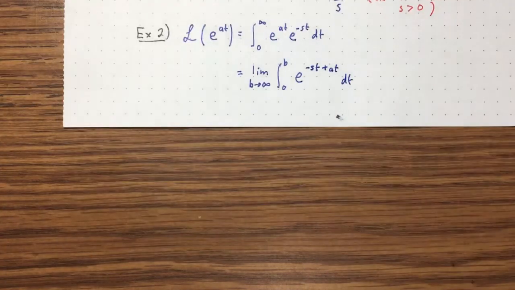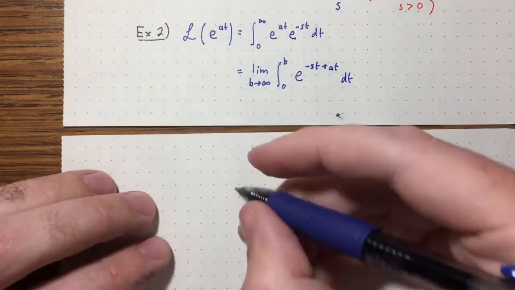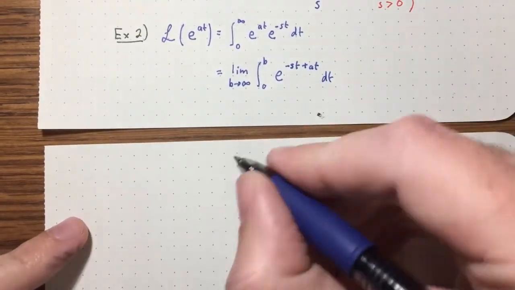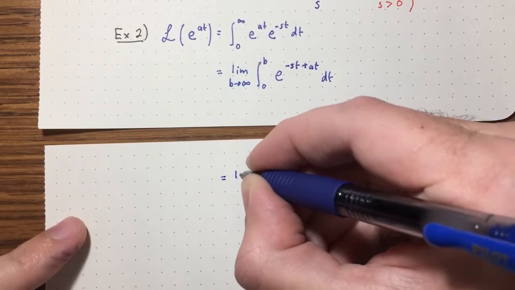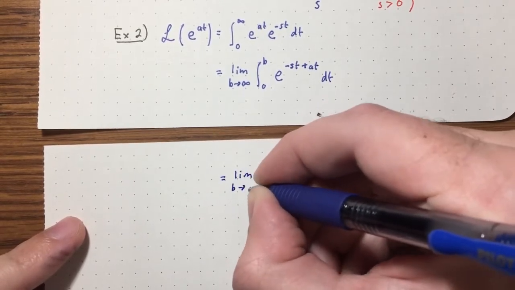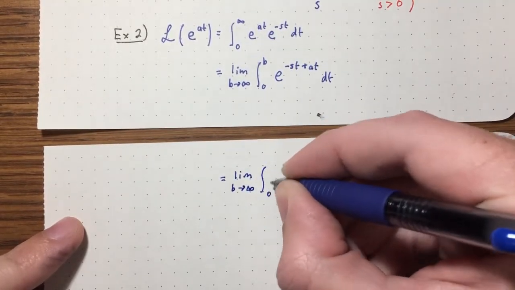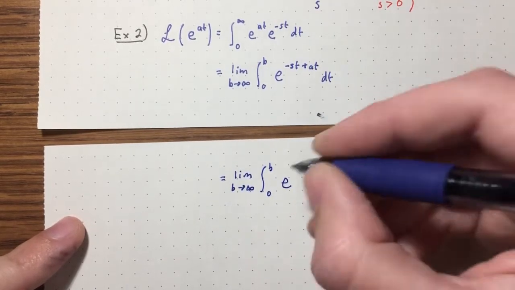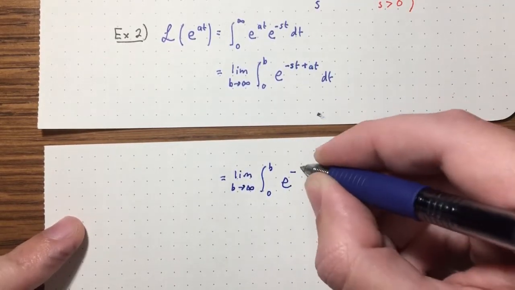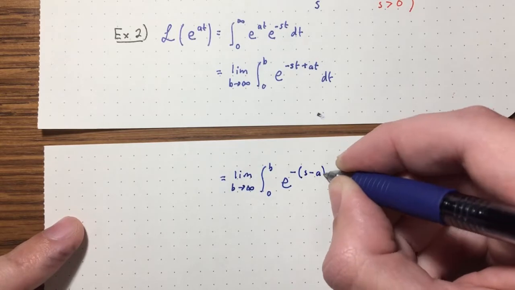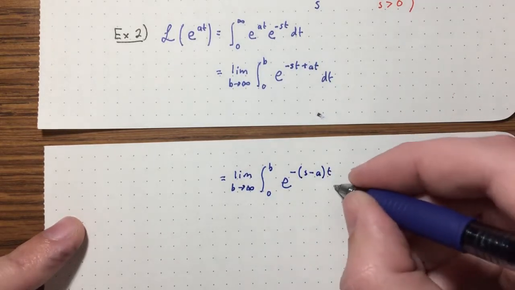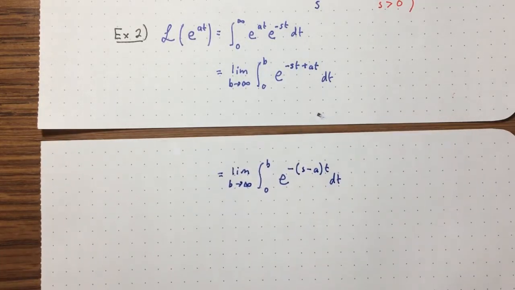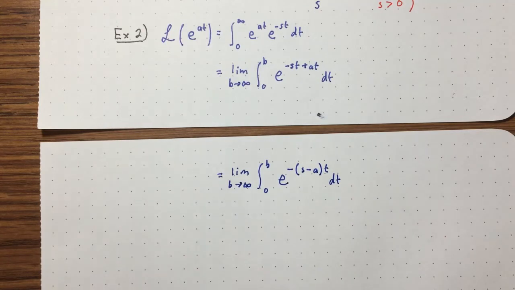Now I need to grab a new sheet of paper. Okay, and then let's rewrite this so that we factor out the t. Let's actually factor out a negative sign too. So we have s minus a t dt. Okay.